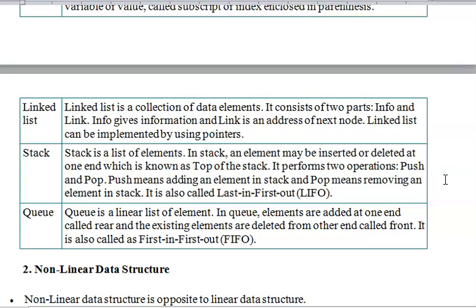The technical terms used for the added end is rear and the removal end is front. Due to this operation style, it is called a FIFO structure. Whichever value entered first is removed first. So it's a first in, first out data structure.